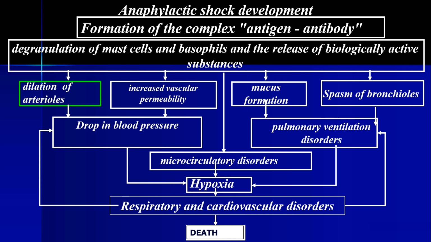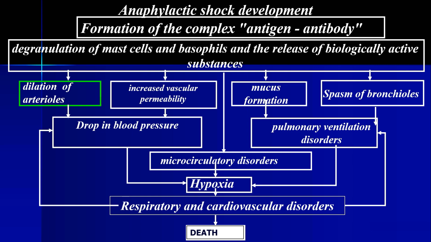In the development of anaphylaxis, three periods are distinguished: the sensitization period, the anaphylactic shock period, and the desensitization period. For active sensitization, a small amount of horse serum, for example 1 milliliter, is injected subcutaneously into a guinea pig.